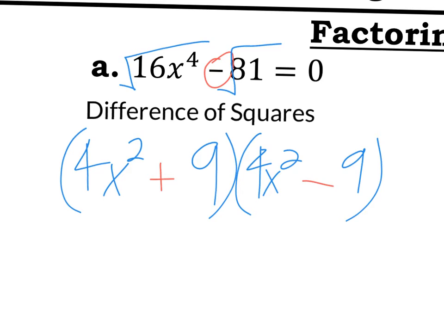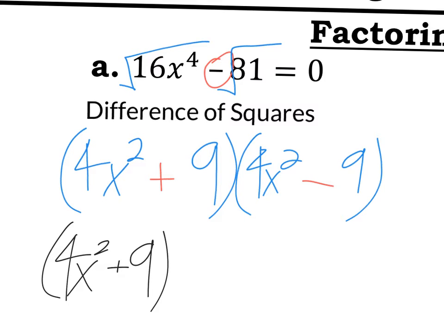So here I have 4x squared plus 9 and then 4x squared minus 9. This 4x squared plus 9 will stay exactly the same. It can't simplify any further. But this 4x squared minus 9 is another difference of squares.